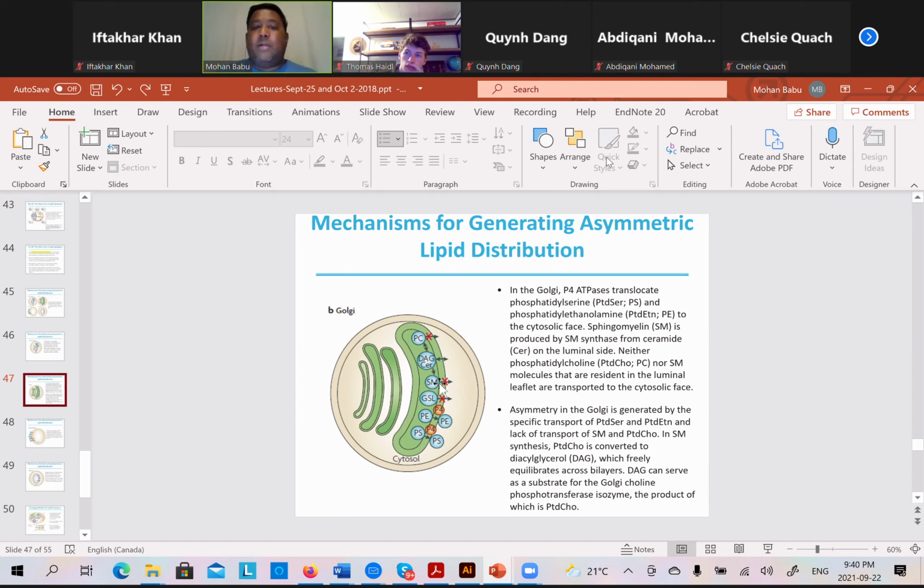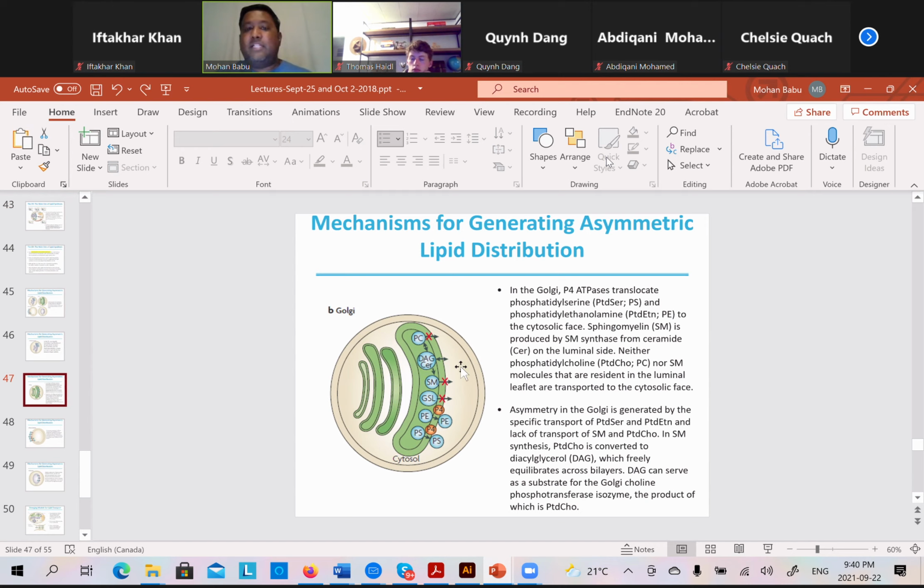Okay, so now the question is, neither phosphatidylcholine nor the sphingomyelin are transported to the cytosolic phase, okay, that's why there's an X here, you can see here, okay. But the diacylglycerol, yes, they are, okay.